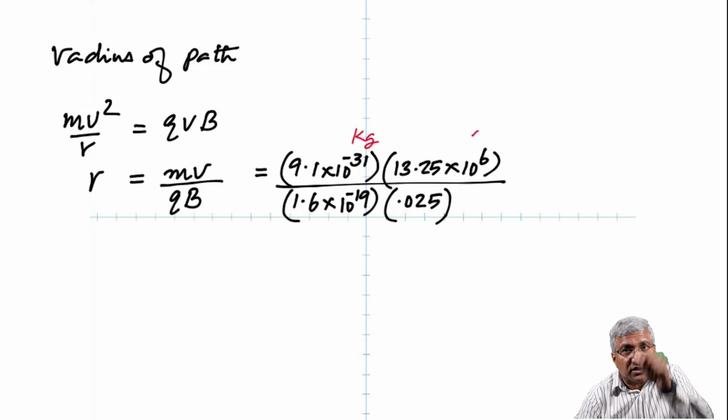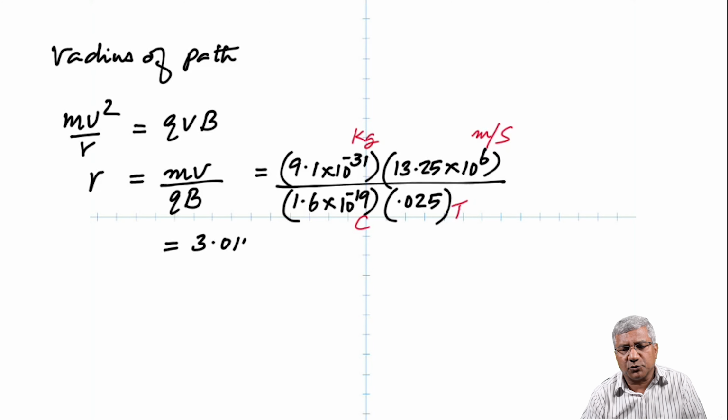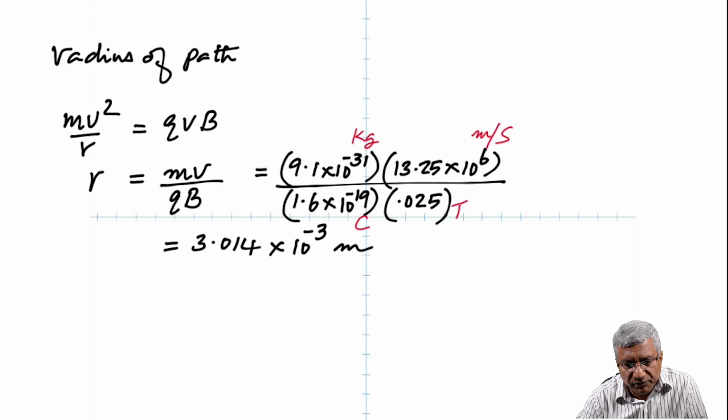So it makes a tiny circle. If it's a weak magnetic field, it'll make a bigger circle. Those are the units: kilogram, meter per second, coulomb, and Tesla. You come up with 3.014 times 10 to the negative 3 meter. Isn't that small? Yeah. That's like 3.01 millimeter. That's very small. That's a small circle.